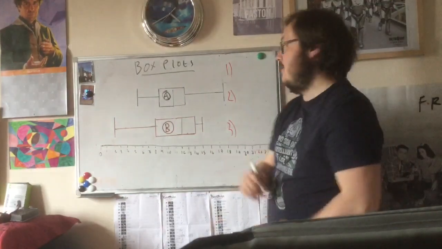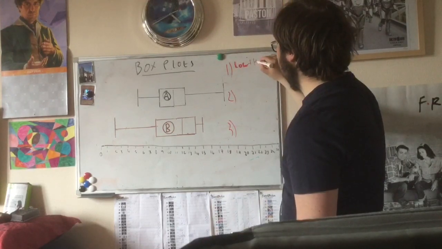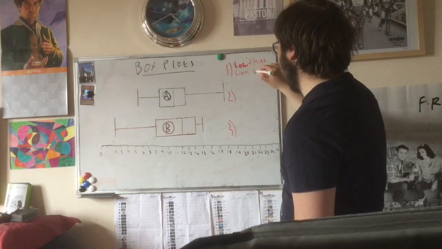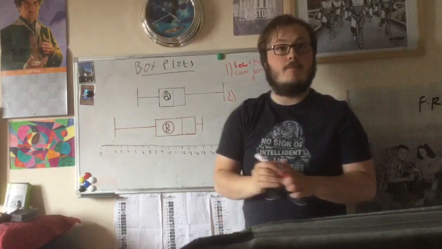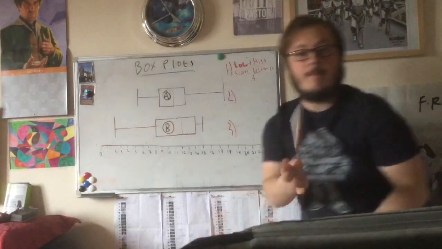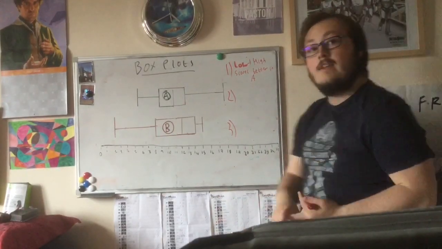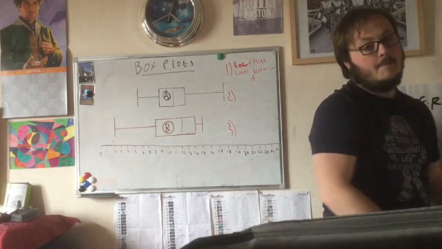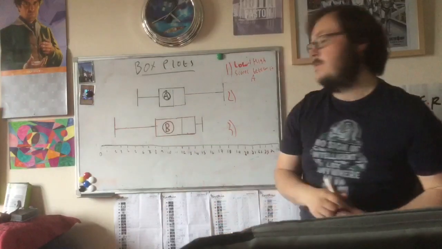So we could say that the lowest and highest scores are better in A. I would write more, but not much space on the whiteboard. So much space that I drop a pen. So the lowest score and the highest scores are better in school A compared to B. That's 1 point. We have taken into account the whiskers.